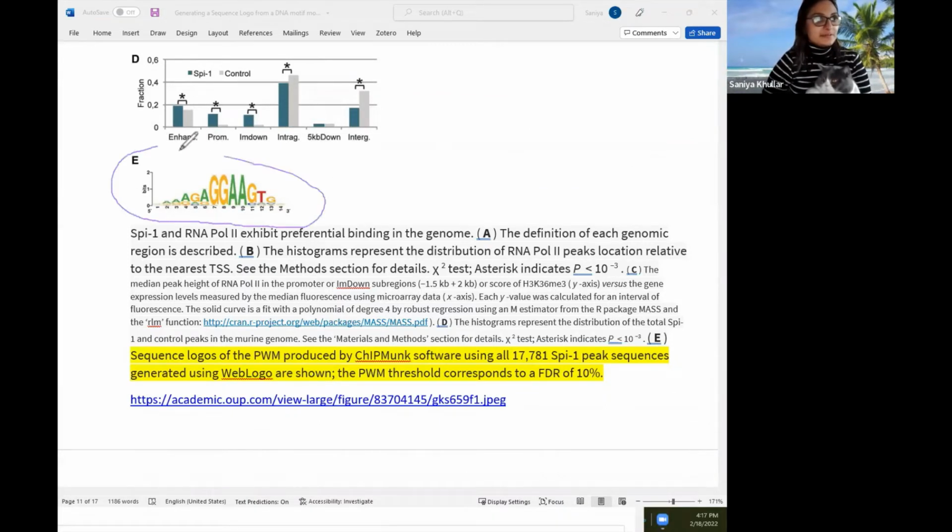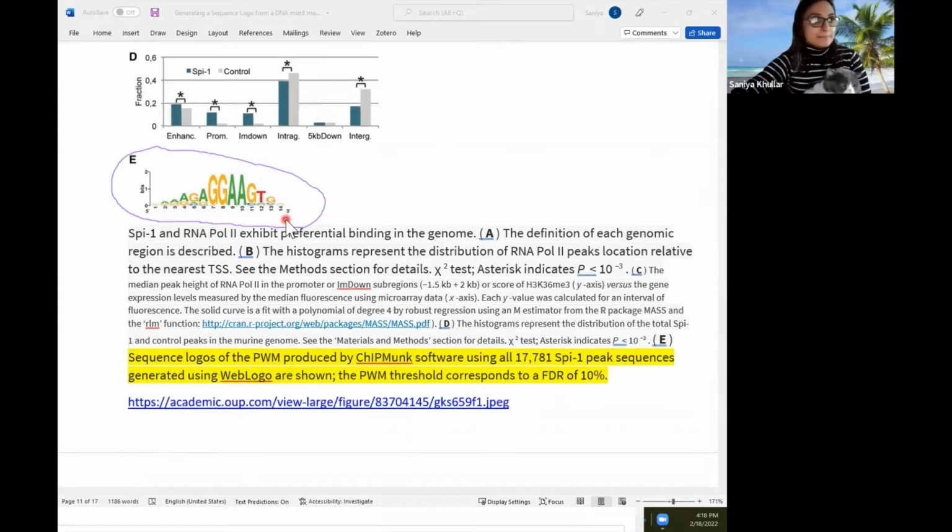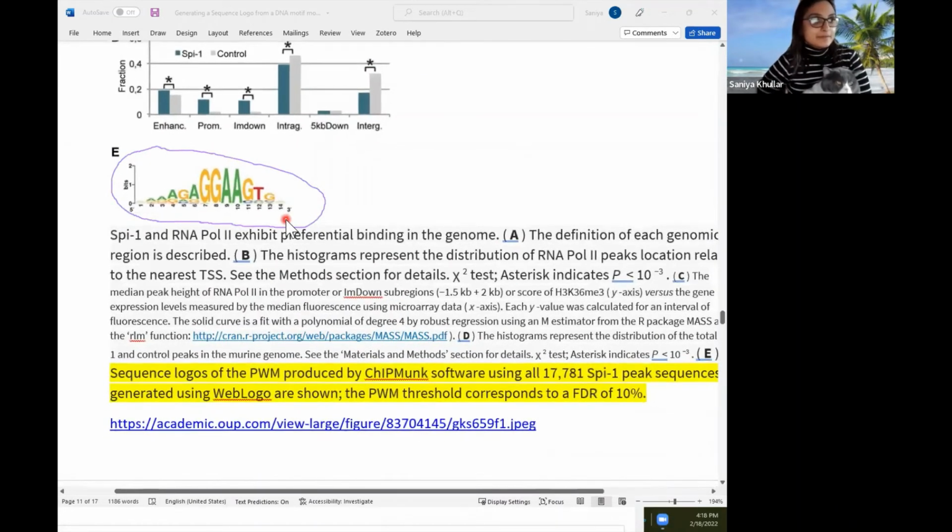On E here. And what I want you to take from this is the following. In E, we see the sequence logo bits. This is 5' to 3' here.